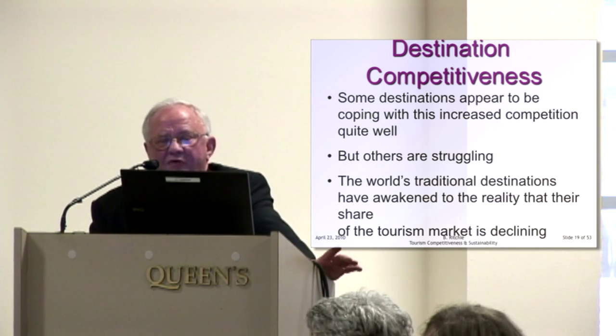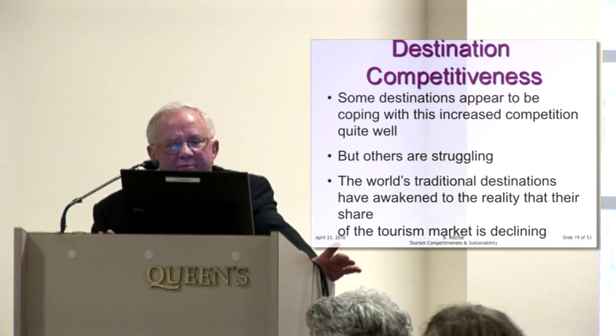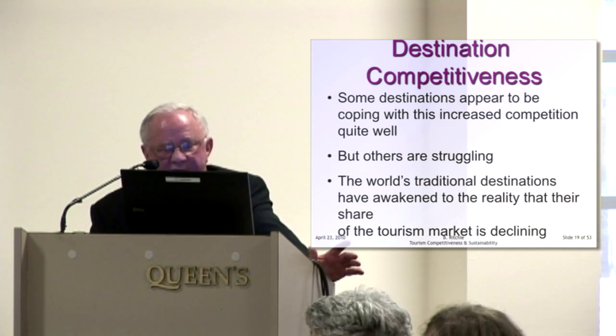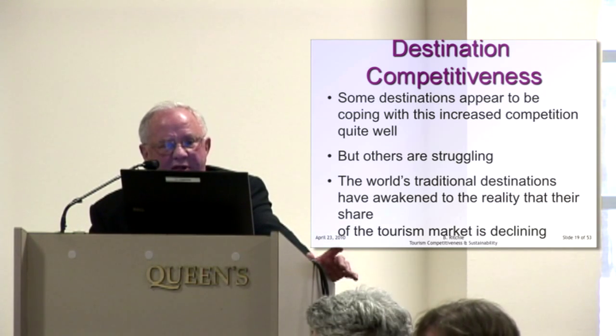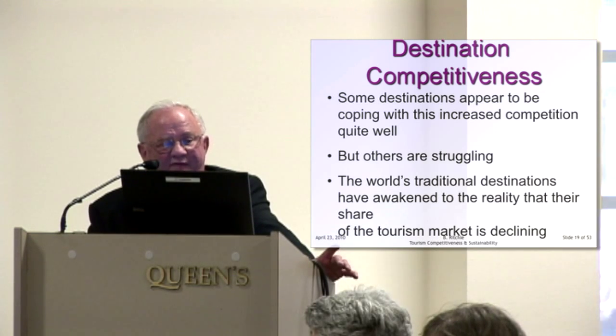Now, as we look at the overall pattern of competitiveness, some destinations appear to be coping quite well with this increasing competitiveness, but others are struggling. So the world's traditional destinations have finally awakened to the reality that their share of the tourism market is declining.